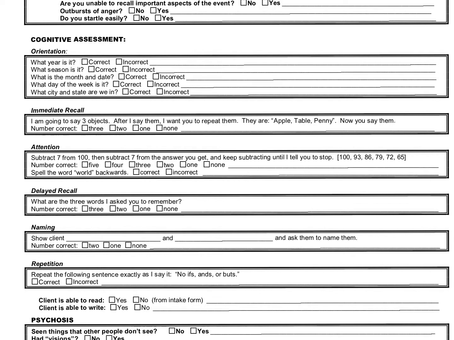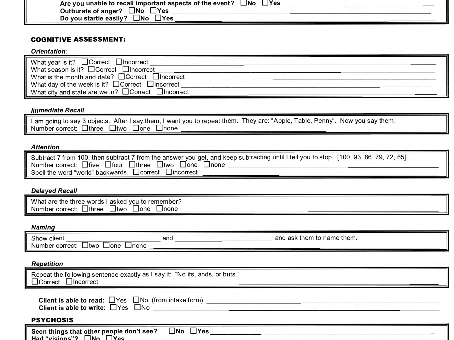So once I get through these questions, I'll say, okay, what are those 3 words I asked you to repeat to me? And because you've distracted them, it tests how well they're able to process, this delayed recall element. So I'm looking for them to reply with apple, table, penny.